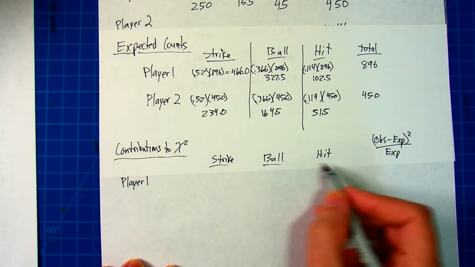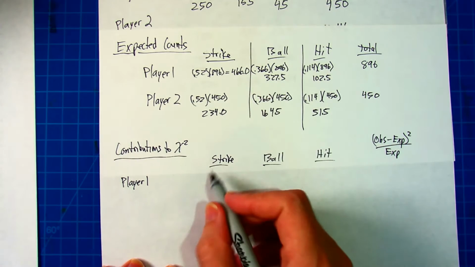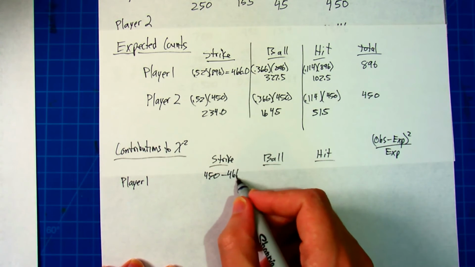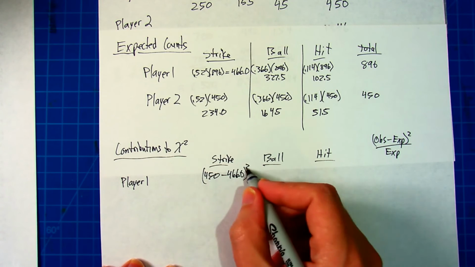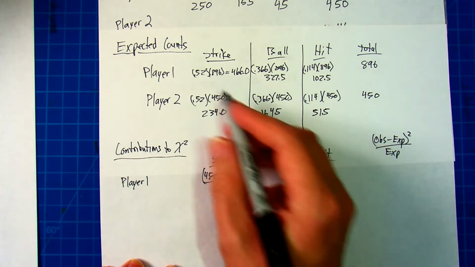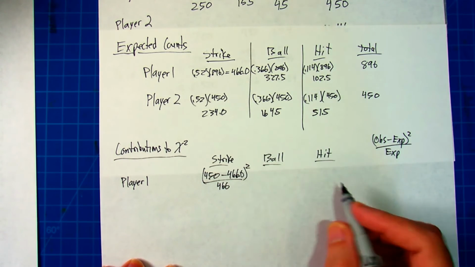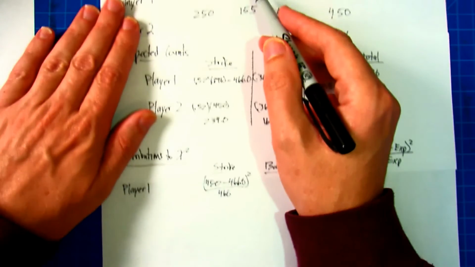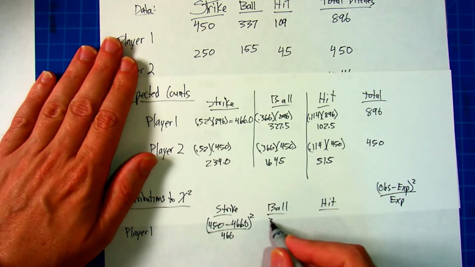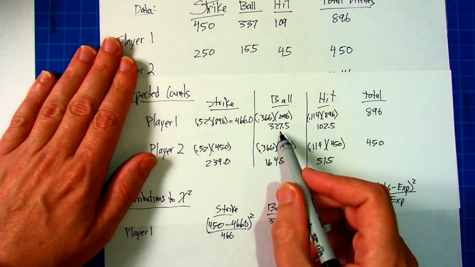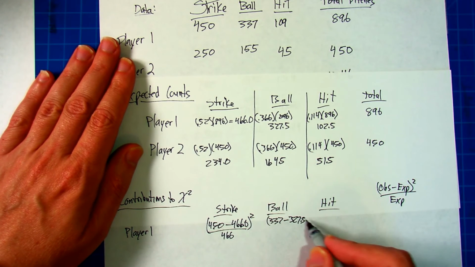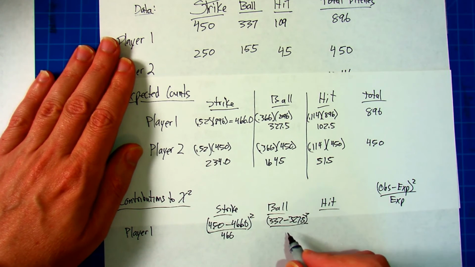So in the first one, you have 450 as your observed, subtract 466.0, square that, divide it by expected, which was 466. Same thing here, take your observed, 337, subtract your expected, 327.5, squared, divided by expected.